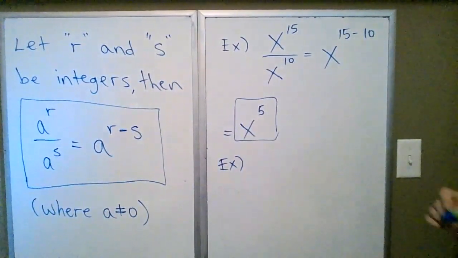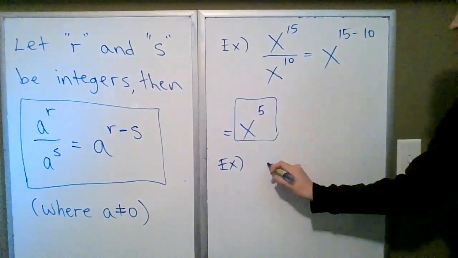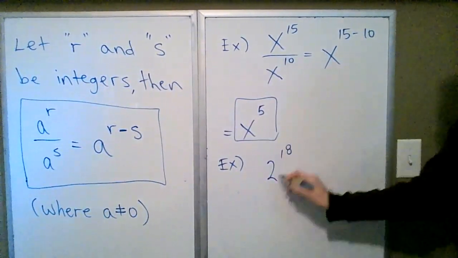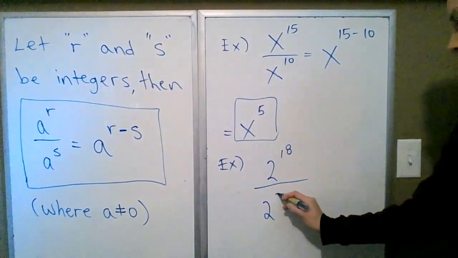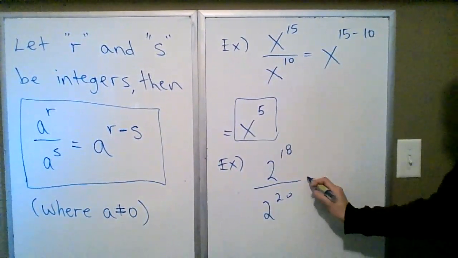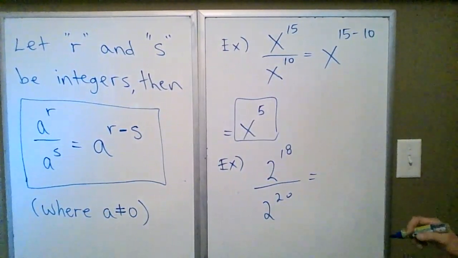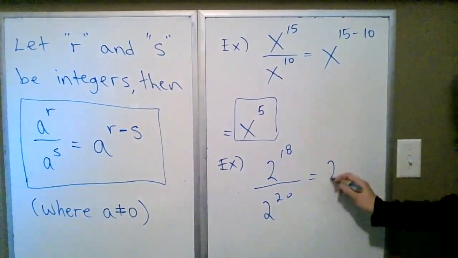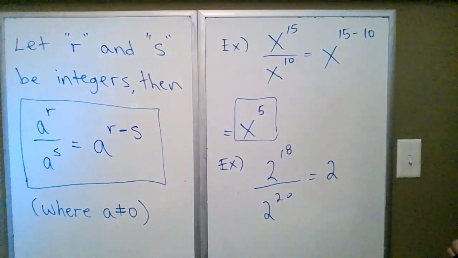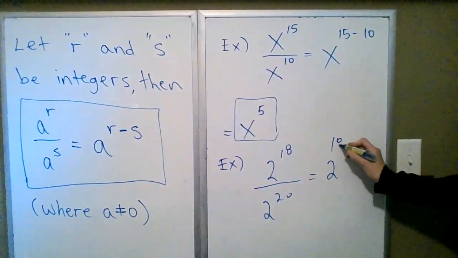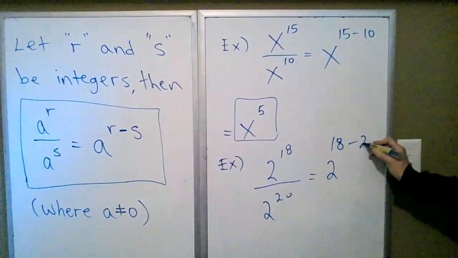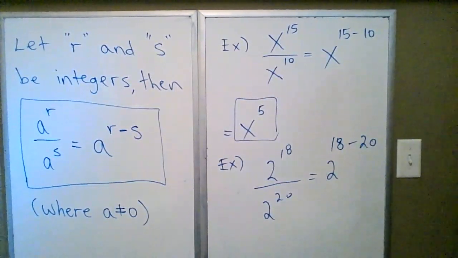Okay, next is 2 to the 18th over 2 to the 20th. The base is 2. The exponent is 18 minus 20. Okay, keep working on this to get 18 minus 20 as negative 2, so 2 to a power of negative 2.